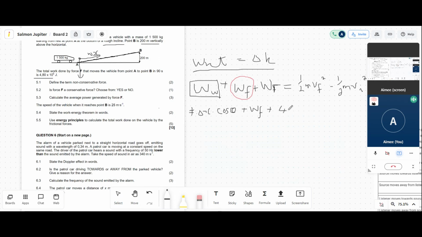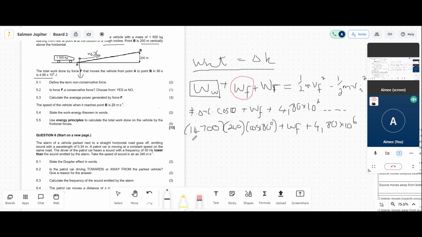So we substitute in 4.80 times 10 to the power of 6. Obviously, I'm running out of space here, so let's quickly plug in these values. As I said, this one's going to be 14,700 multiplied by 200 multiplied by cos 180 degrees, plus the work done by friction, plus our 4.80 times 10 to the power of 6.